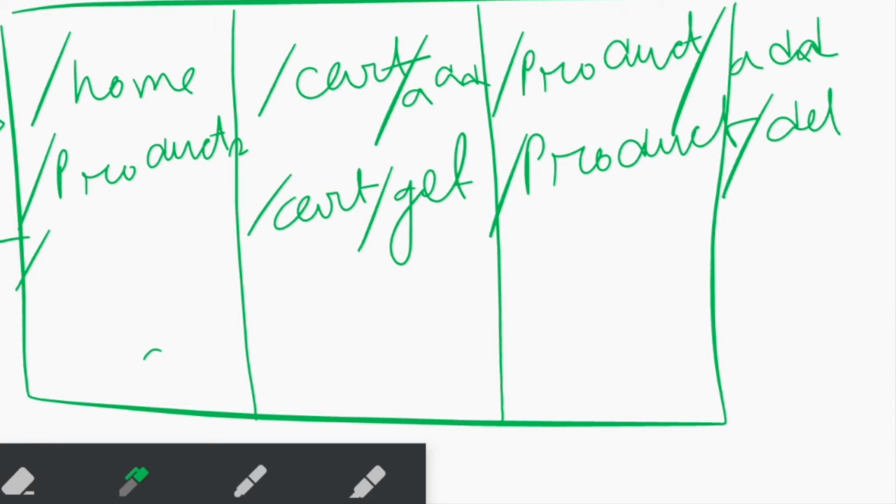The first section, /home and /products, doesn't need any authorization or authentication because anyone can visit the website and get the product list without logging in. So here one doesn't need any authentication or authorization.